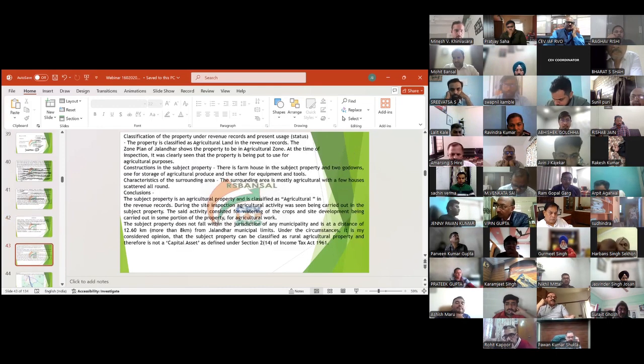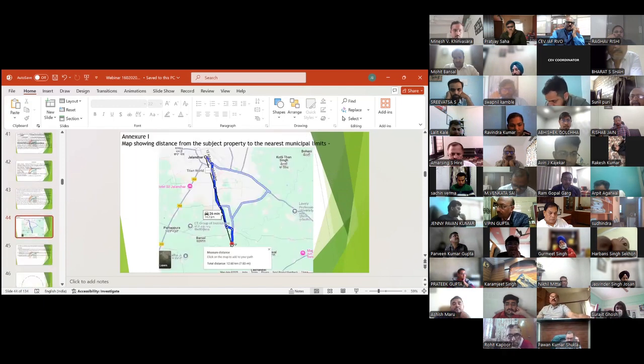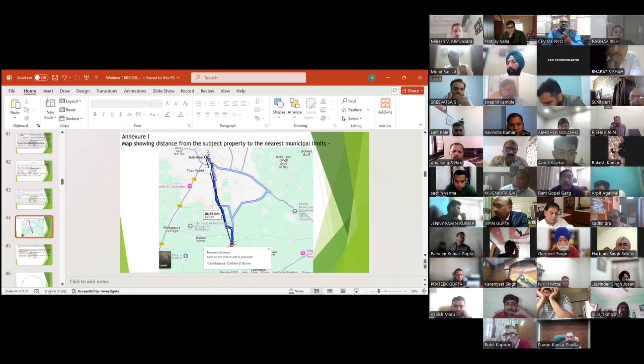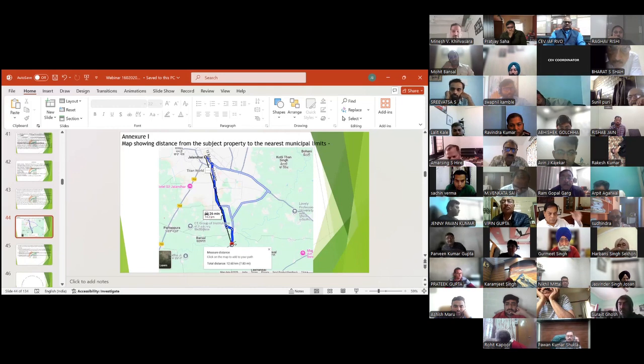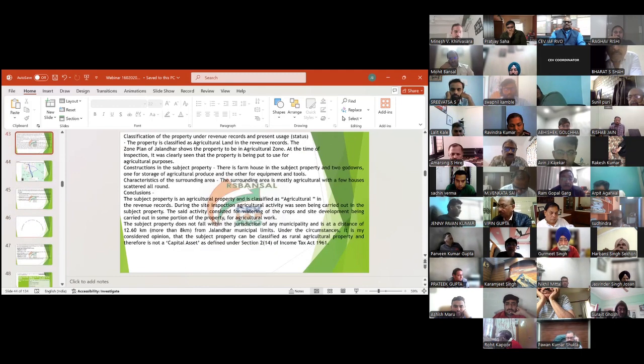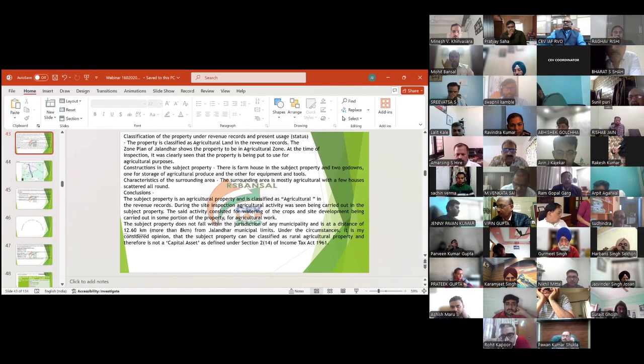So what you can do, you can take the aerial distance from Google Maps, see what is the aerial distance, and then accordingly you can give your certificate that this property is at a distance of 12.60 kilometers and its population is so much.